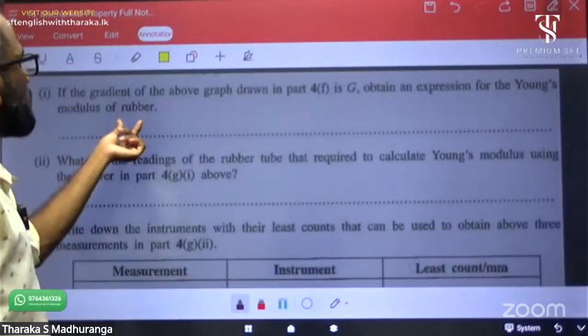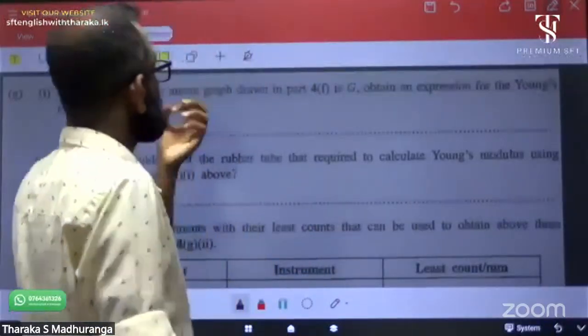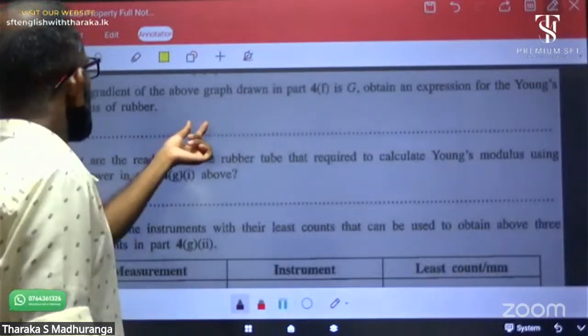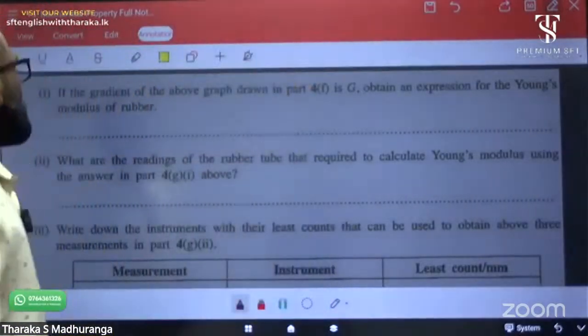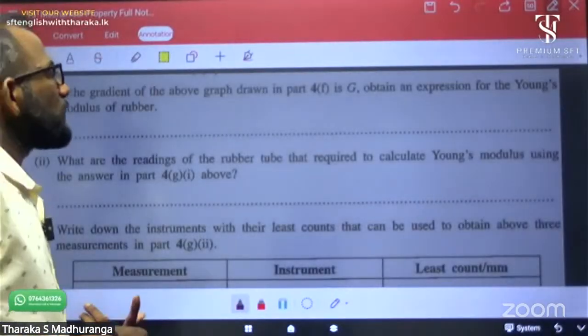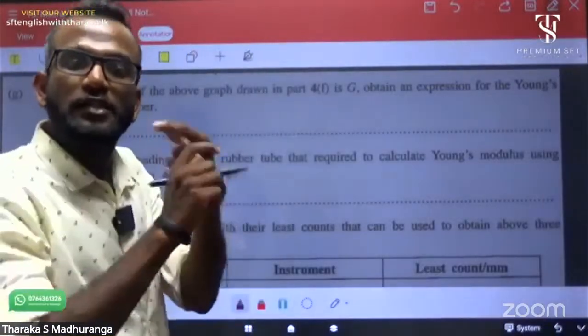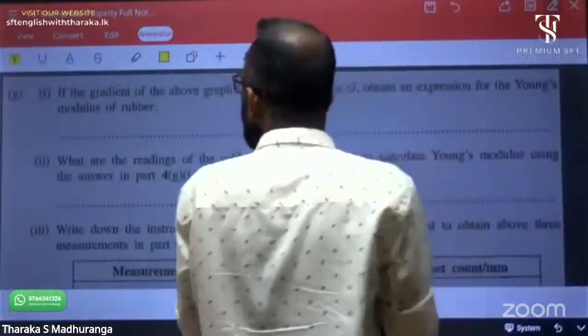Okay. If the gradient of the above graph drawn in part 4f, 4f means the previous one, is g, gradient equal g, obtain an expression for the Young's modulus of the rubber.